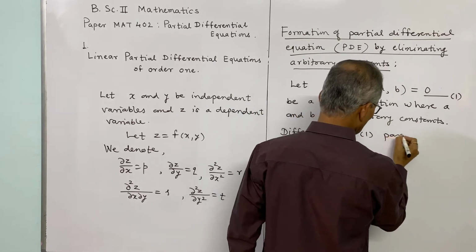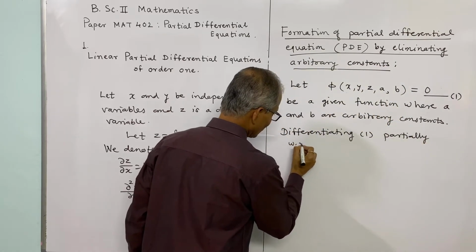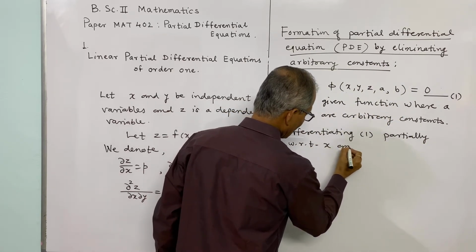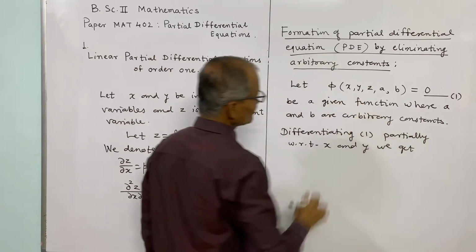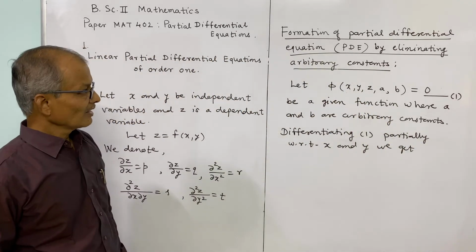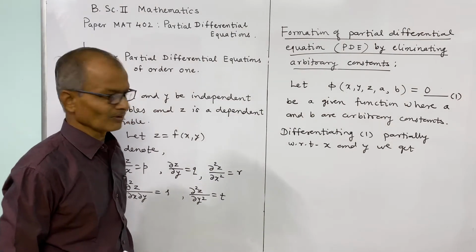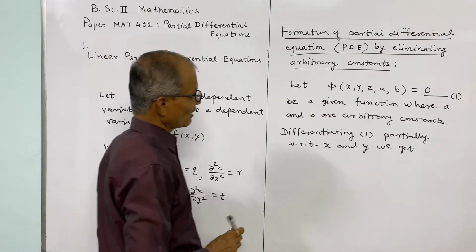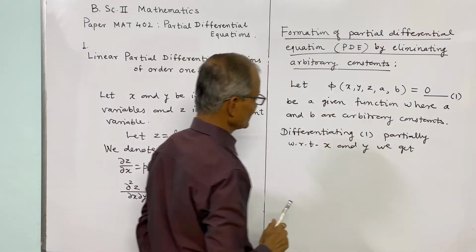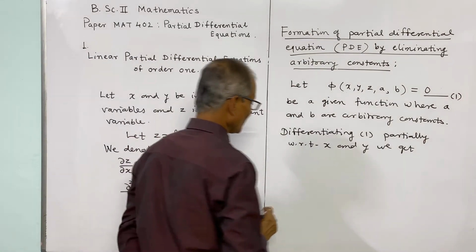Now how to take the partial derivative of phi? We studied last year the chain rule to find the partial derivative of a several variable function. So we differentiate phi with respect to x, and that will be dou phi by dou x.